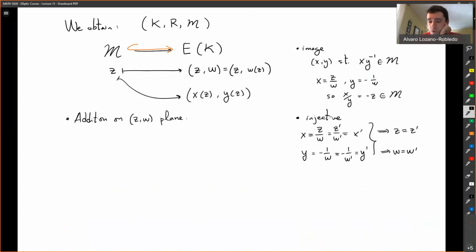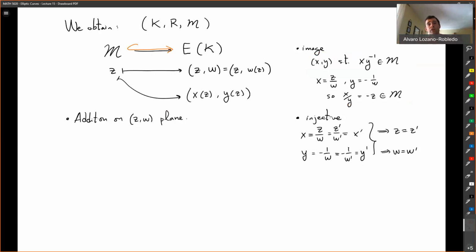This goes both ways. The image is definitely X, Y values such that X times Y inverse is in the maximal ideal. And if I have a point such that X times Y inverse is in the maximal ideal, the Z value that corresponds to it is in the maximal ideal, and therefore it comes from something from the maximal ideal. So that is exactly the image, and that's where there is a bijection.